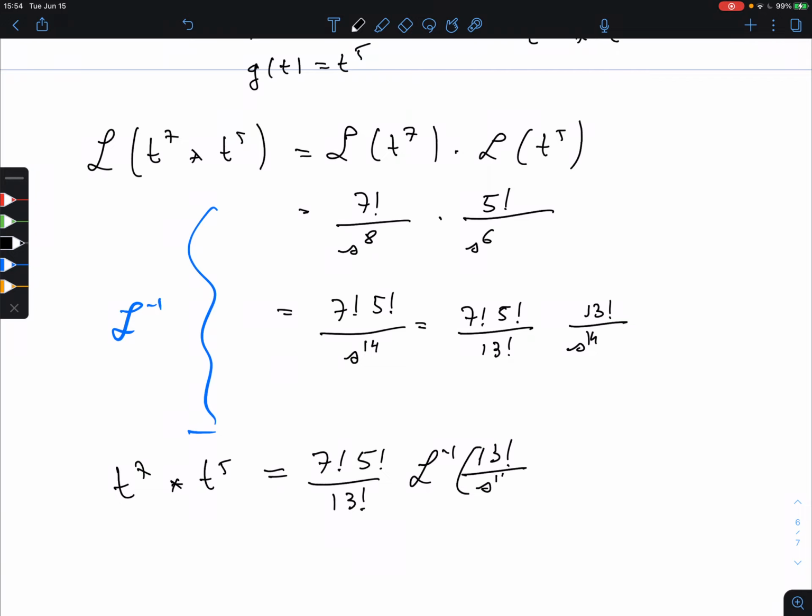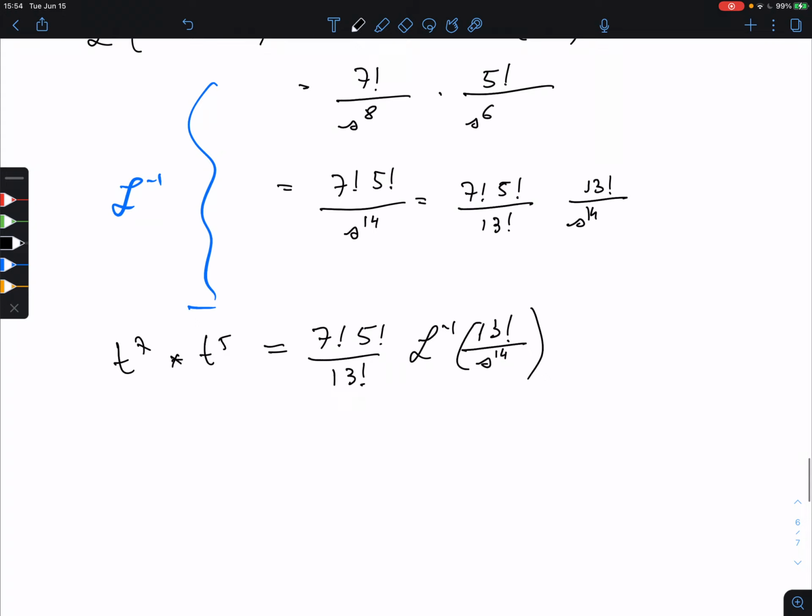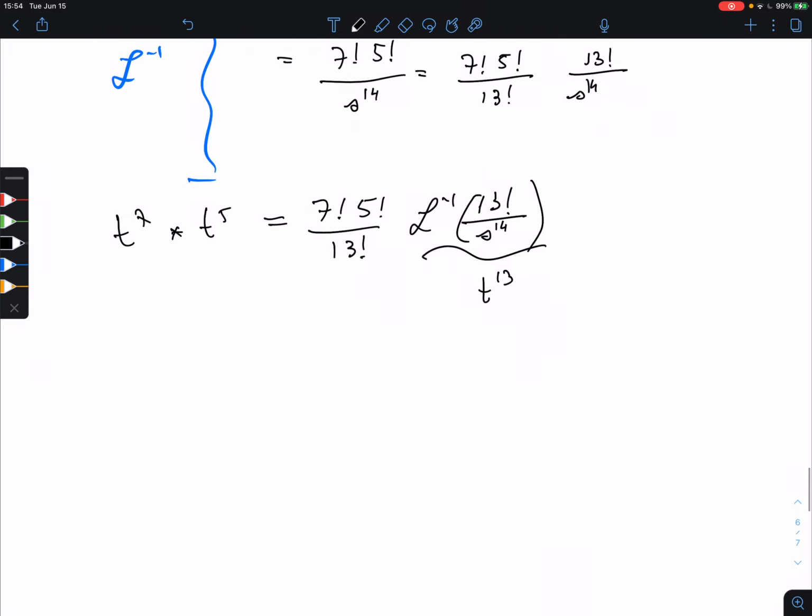I wrote it specifically this way because this is the Laplace transform of t to the 13th. So we find this is 7 factorial, 5 factorial over 13 factorial, times t to the 13th.